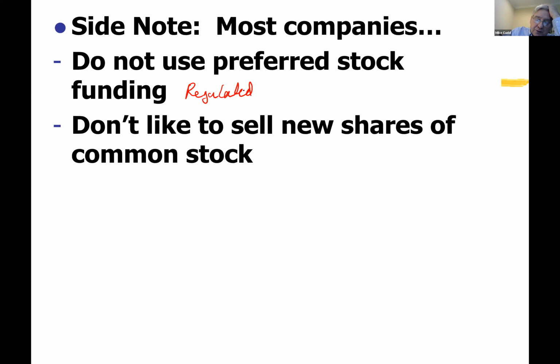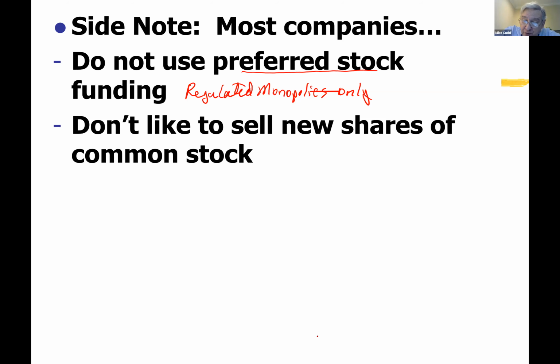Regulated monopolies are the only companies that use preferred stock. They have sort of a market niche cut out. And it's easier at this point not to try to figure out why, just note.